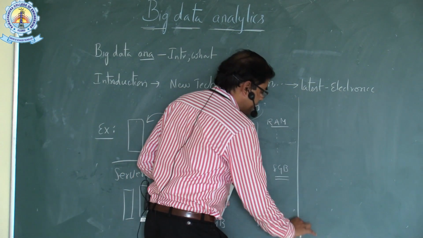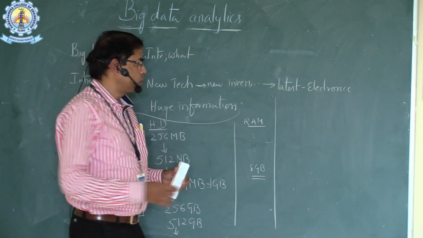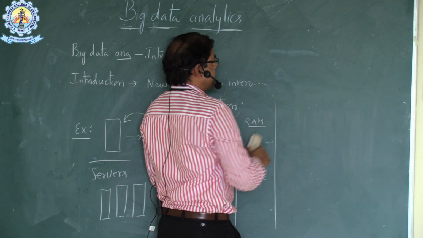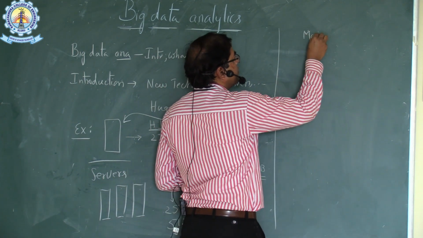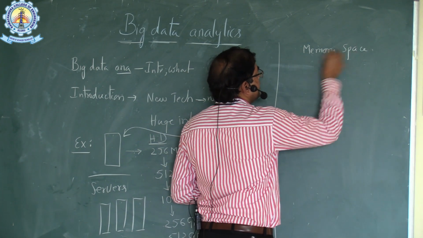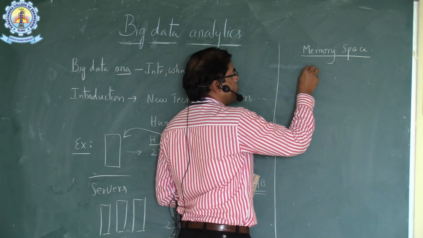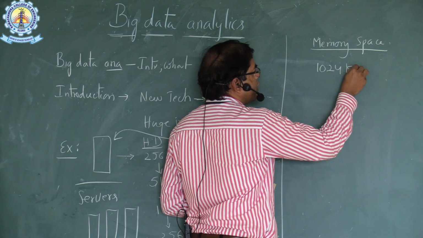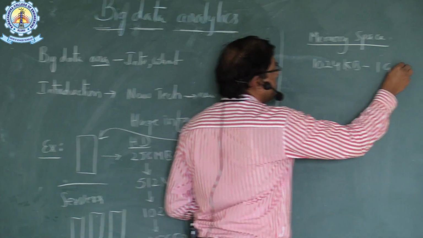Now, prior to going into terabytes, gigabytes and all those things, I want to talk about how the memory space hierarchy looks, and how memory space is improving day by day. 1024 kilobytes we can call 1 megabyte.